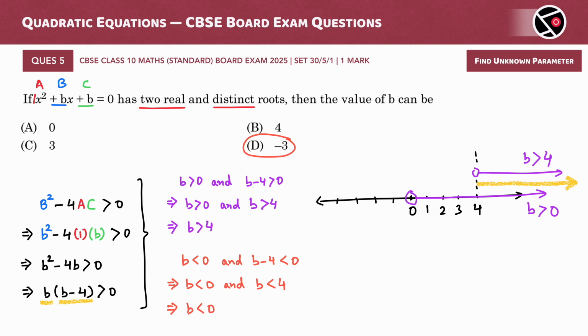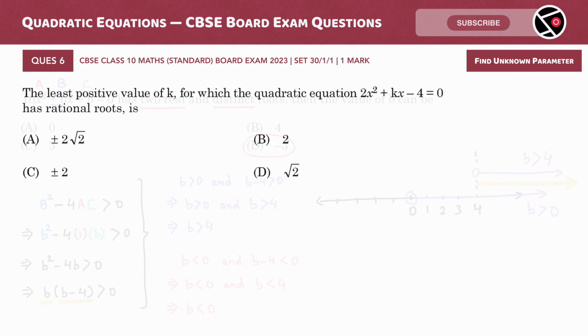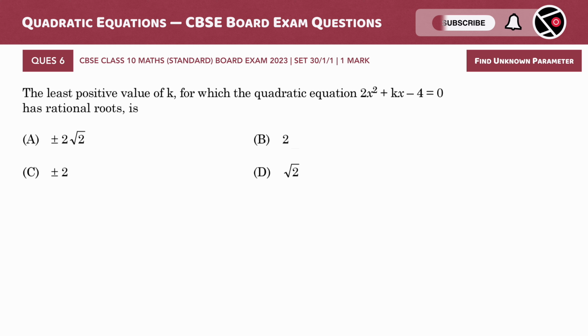Our next question is from 2023 board exam. Pause the video and give it a try. Alright. The roots of the quadratic equation are rational. Now for this equation, a is 2, b is k, and c is minus 4.